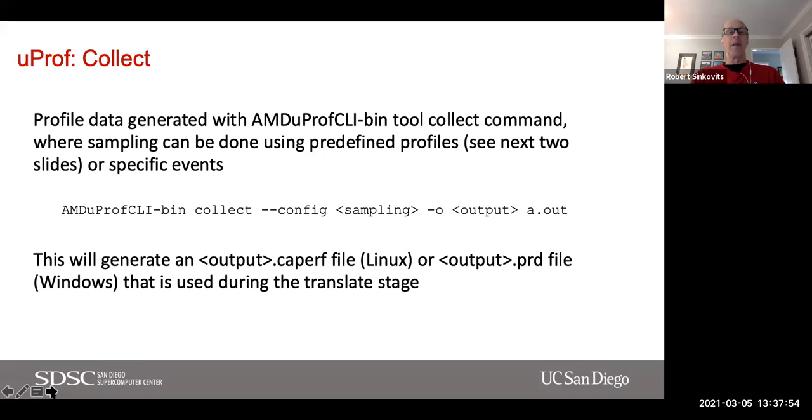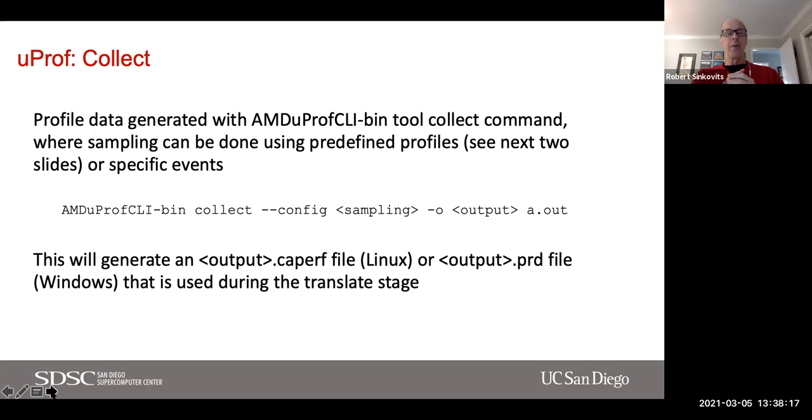So to collect the data, you're going to use the AMDuProfCLI tool, the CLI for command line interface. This is going to collect sampling using different predefined profiles. I'm going to show these on the next few slides.